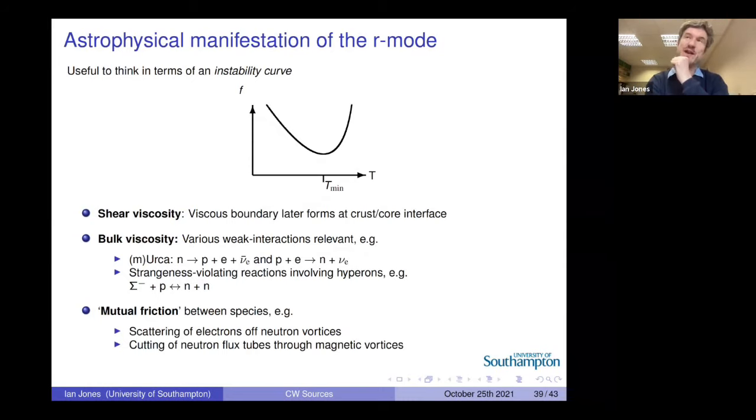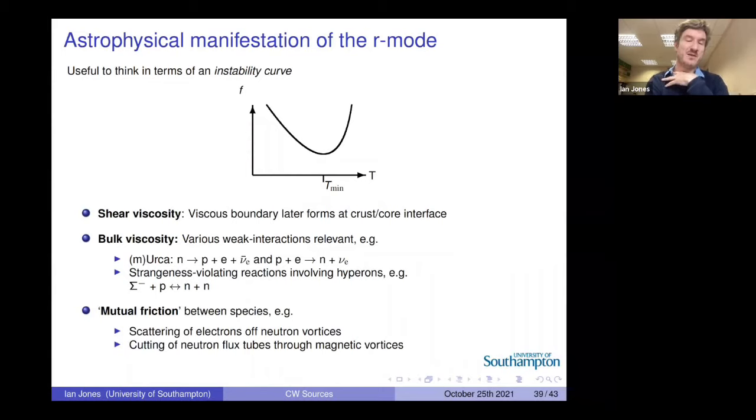Because of an effect called entrainment, some of the protons are pulled along as well, and some electrons, and so they become slightly charged. And then electrons can scatter off these slightly charged neutron vortices, and that's the effect that we normally think of as being mutual friction. So it's the scattering of charged particles off slightly magnetized vortices.